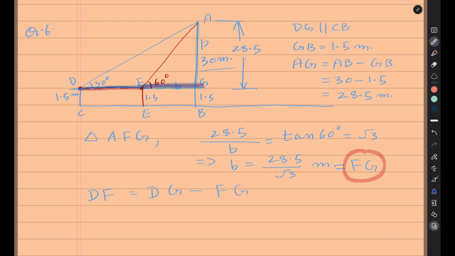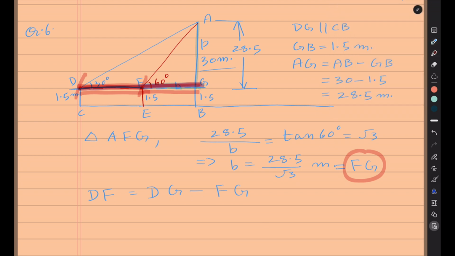Can you say that? Now it is becoming a little complicated, but it's very easy to visualize here. DF is nothing but DG minus FG, isn't it? Then we will get the distance the boy has walked towards the tower.